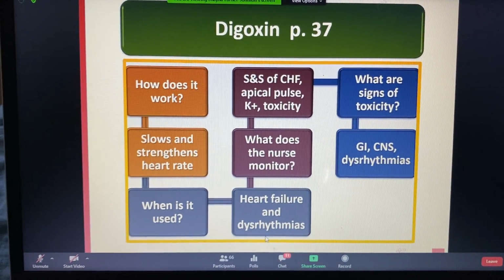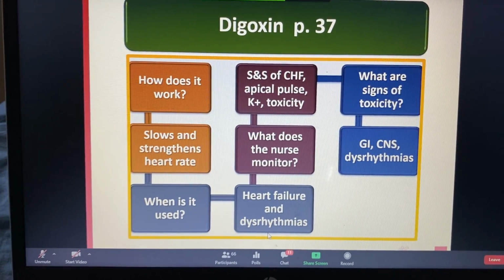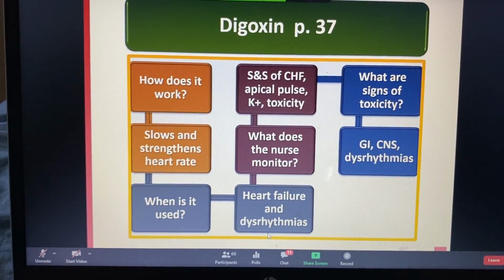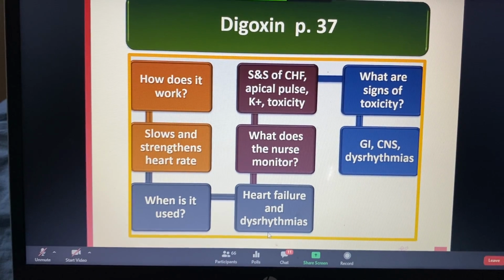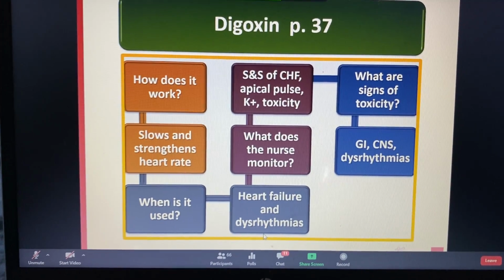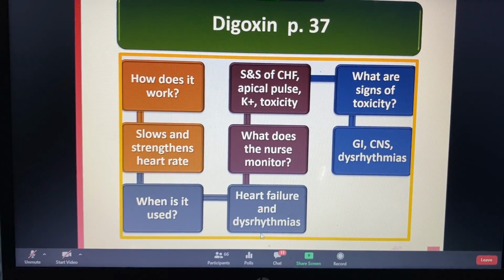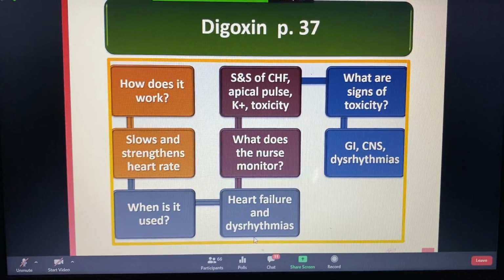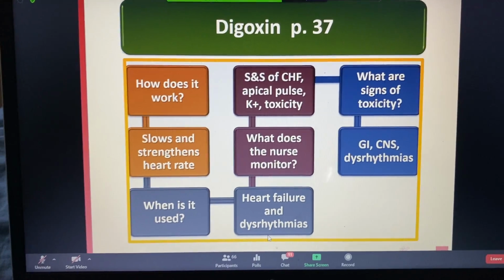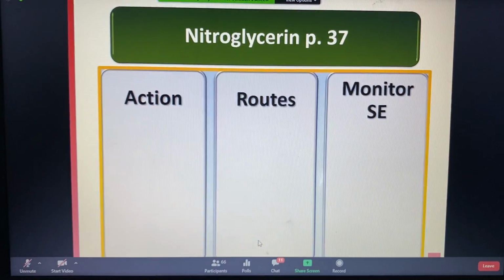And someone said that, Asia said that in the comments. Therapeutic level, 0.8 to 2.0. And there's a whole page in your book as well that's coming that lists all the therapeutic drug ranges you should know and the lab values, okay?